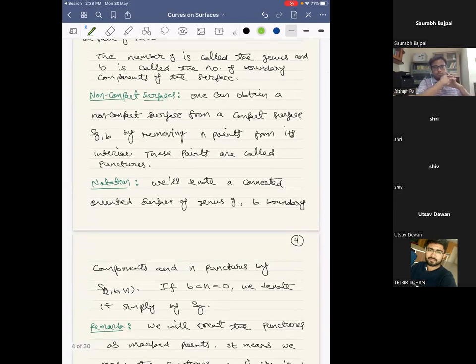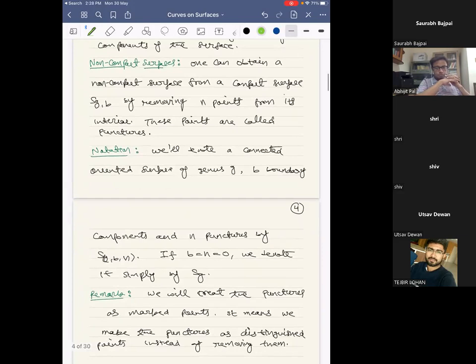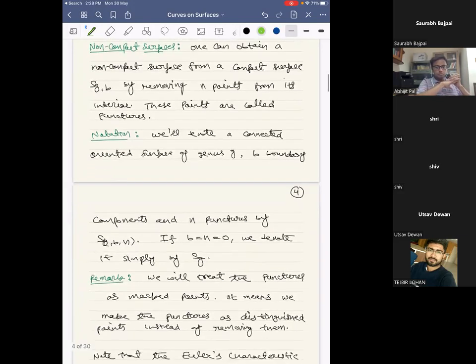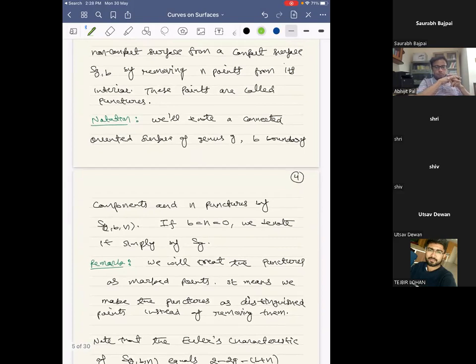We denote a connected oriented surface of genus G with B boundary components and n punctures by S with subscript G, B, N, where G denotes the genus, B stands for the number of boundary components, and N stands for the number of punctures. And following Margalit, if B equals N equals 0, we denote it simply by S_G.